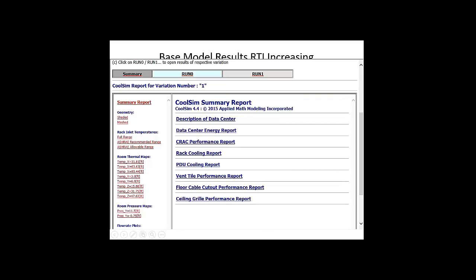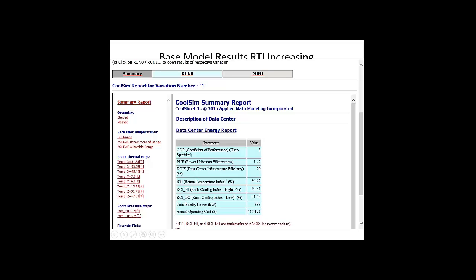So let's take a look at the summary report and let's take a look at data center energy. And we have RTI at 94, not too bad. RCI high, 90. Okay, we've given up a little bit here. As we increased the RTI, we gave up a little bit on RCI high. Magnus, this is to your point.